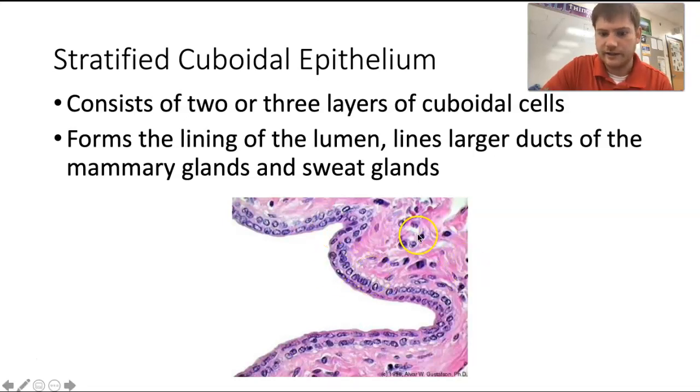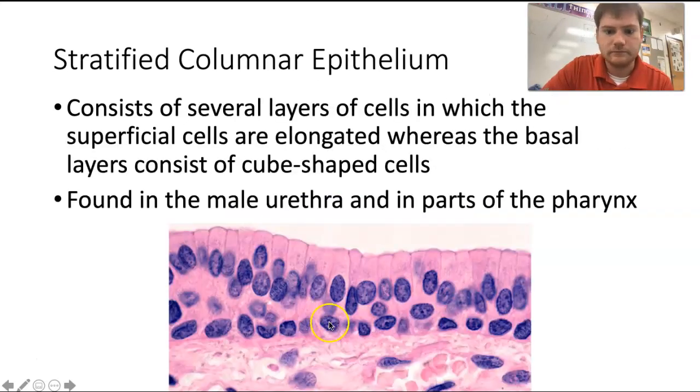All right, so all this lighter pink stuff is in the back. That is all connective tissue still. Just remember, we're just looking at the lining of the epithelium. All right, that's what we're really looking at.